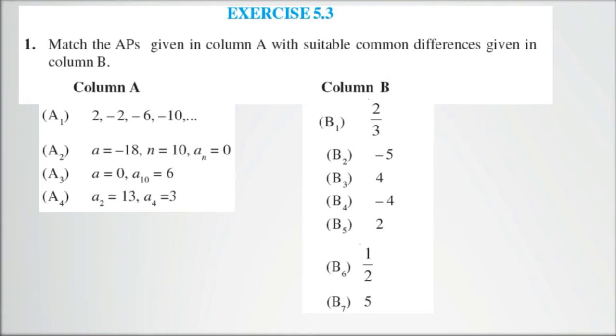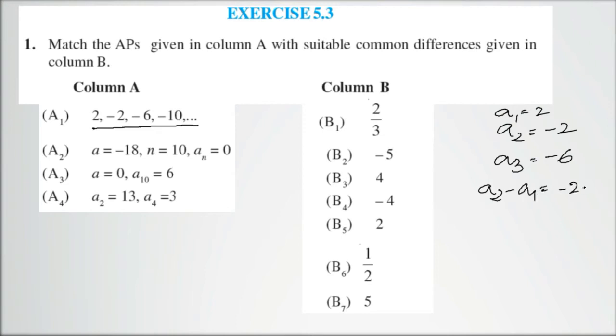If you look at the first column, they have given 2, -2, -6, -10. So let me work out here. The first term is 2, the second term is -2, the third term is -6. So if I find a2 minus a1, a2 minus a1 is -2 minus 2, which is -4. a3 minus a2 will be -6 minus of -2.